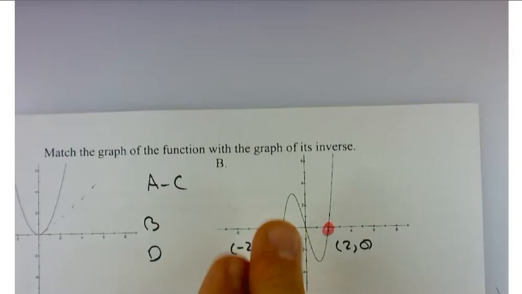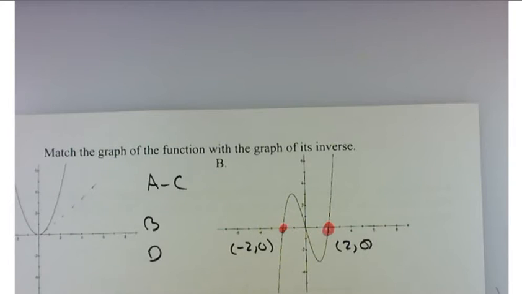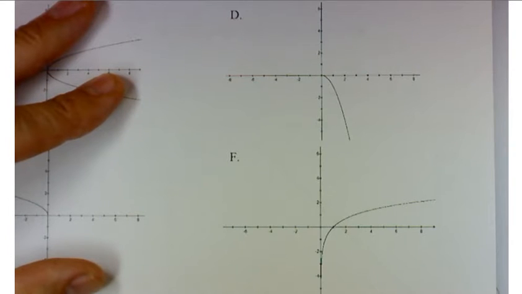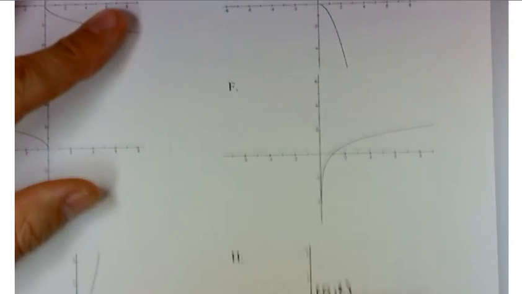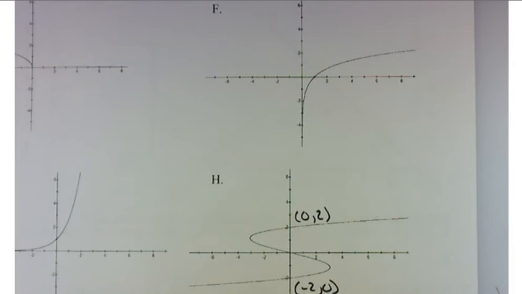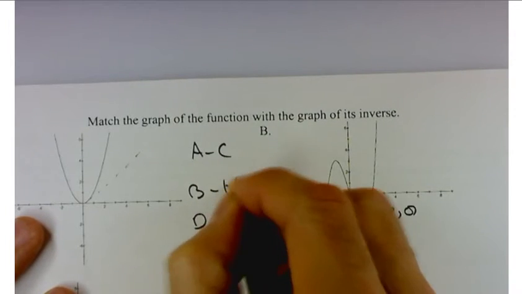When I interchange the x and y, like I did on the front side of this handout, I'm going to get points at 0, 2, and 0, negative 2. So those points interchange, just like the whole graph is being flipped around. X and y are changing places. All right, so B and H.